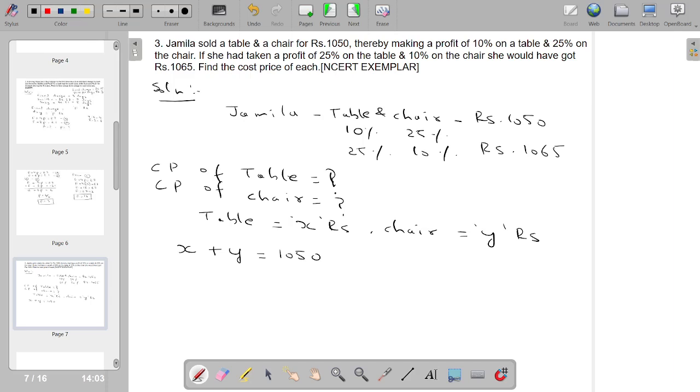But here we don't know the cost price of the table and the cost price of the chair, that is, the original price of the table and chair. So what is the relationship between the cost price and the price after the profit?